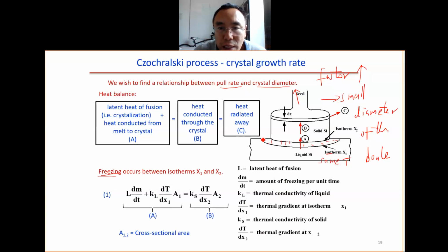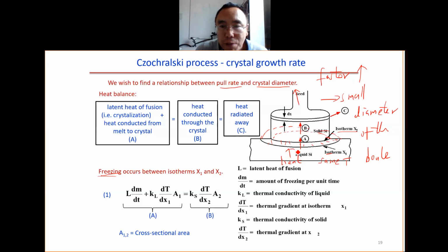So at this cross section here, this is the isotherm 1, temperature 1, and at this cross section here, this is isotherm X2. Isothermal means this cross section has the same temperature.